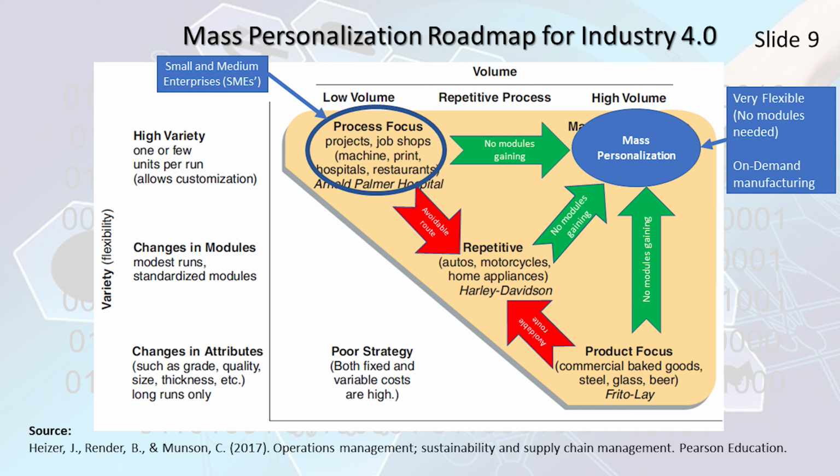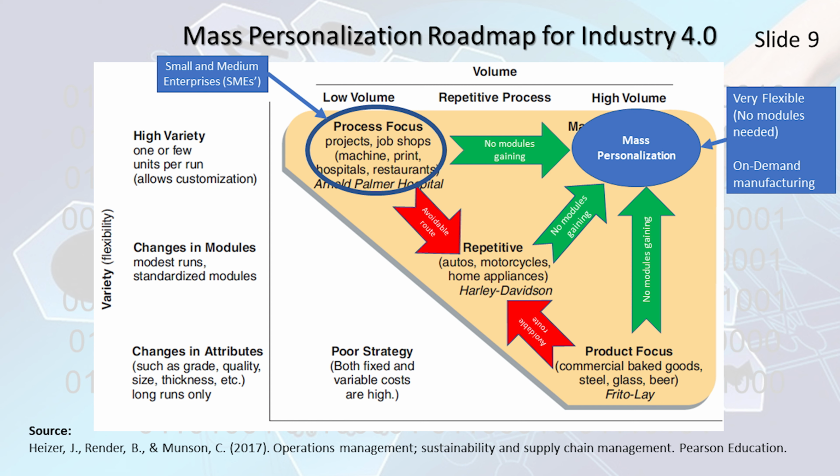Small and medium enterprises need no production modules gaining to jump from the first type production to the fourth type production. Also, small and medium enterprises will become mass personalization production type enterprises. Product focus production needs no production modules gaining to jump from third type production to the fourth type production.